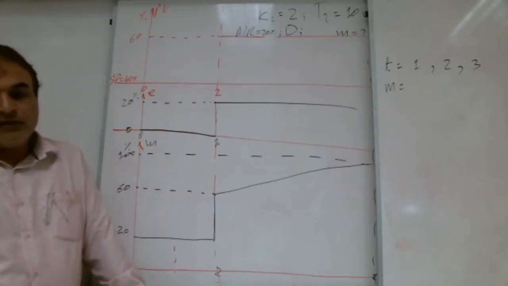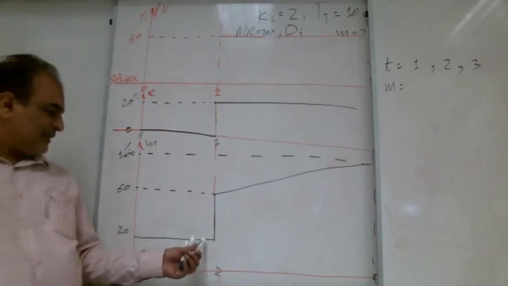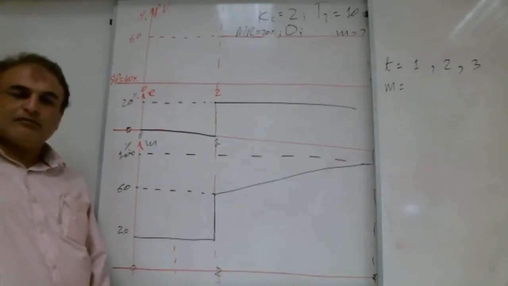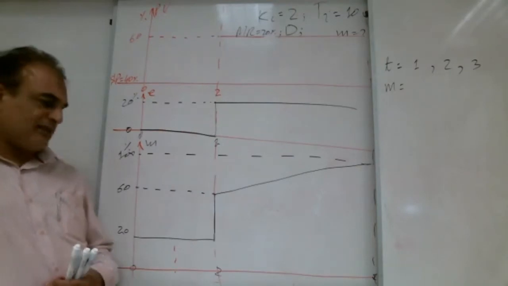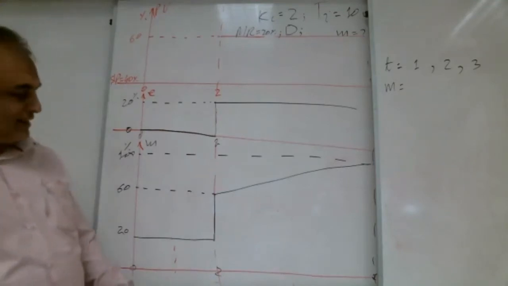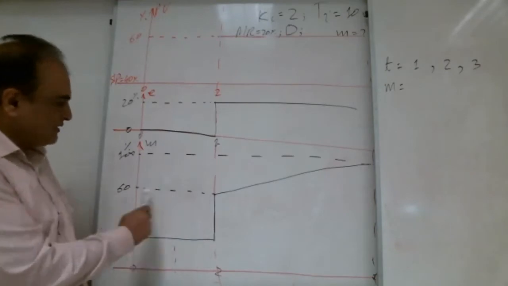At 2 minutes it is going from 20 to 60. Right, Shabab? So at 2 minutes, it is very critical. It is increasing from 20 to 60.